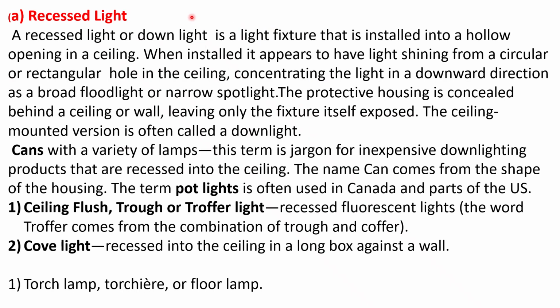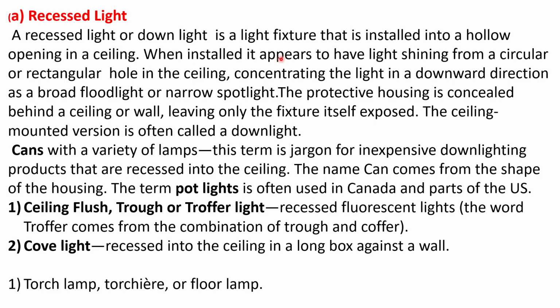Modern lighting fittings are mostly of the recessed type in offices. A recessed light or downlight is a light fixture that is installed into a hollow opening in the ceiling or above the ceiling.